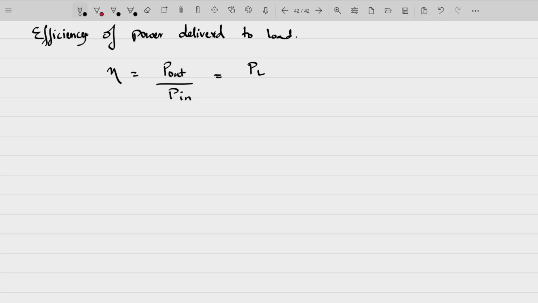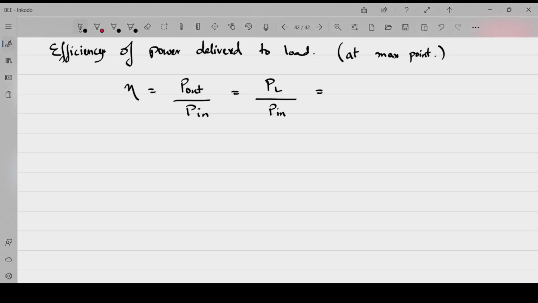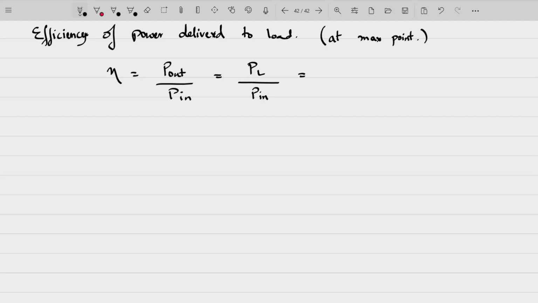So here output power is the power being consumed by the load, and input power is the power actually supplied by your voltage source. So output power PL at the maximum power point, we want to find this. So PL, the output power, is VTH square by 4 RTH.